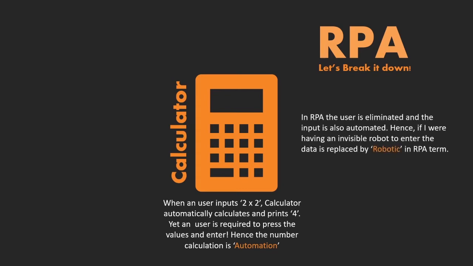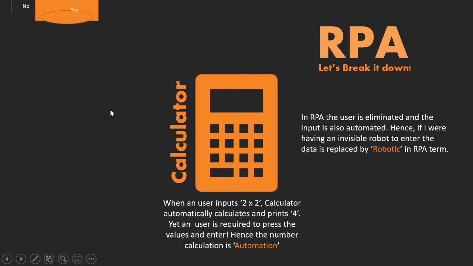In RPA, the user is eliminated: the person who is putting that value in or using that value is completely eliminated. Hence, it works like a robot. The true robot is one which mimics human actions.